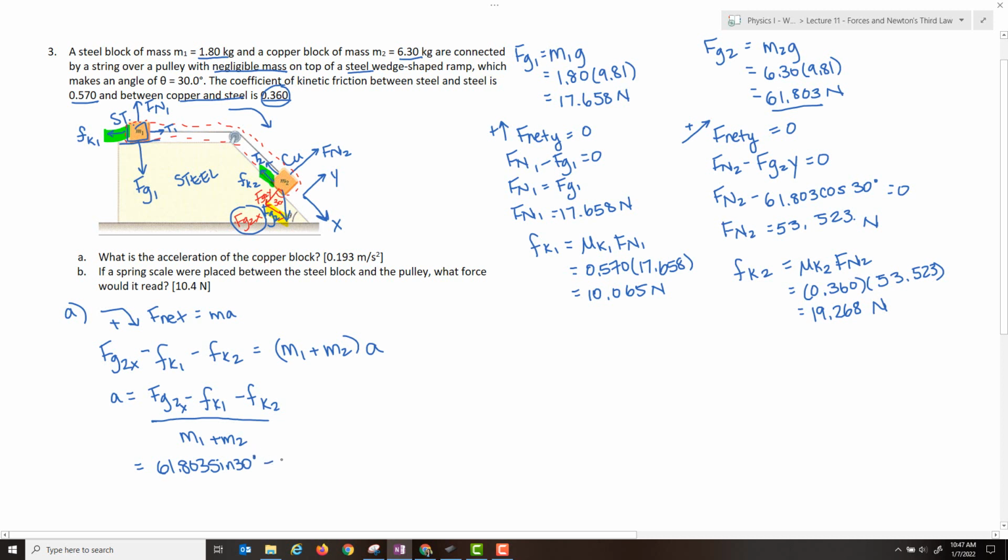FK1 was 10.065, minus FK2. FK2 is 19.268, all over the sum of both of their masses, and both of their masses was 1.8 plus 6.3.